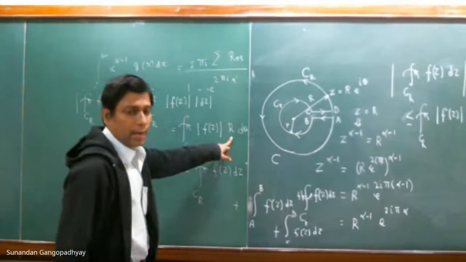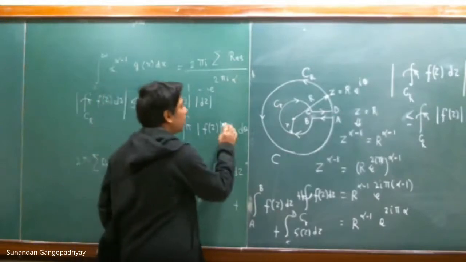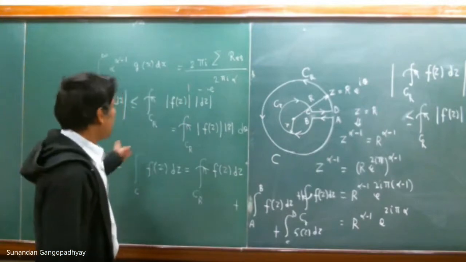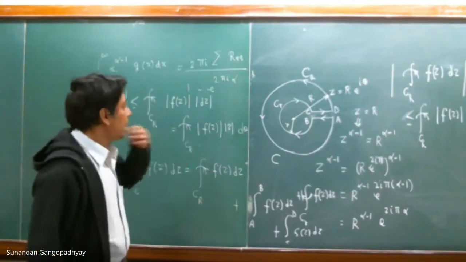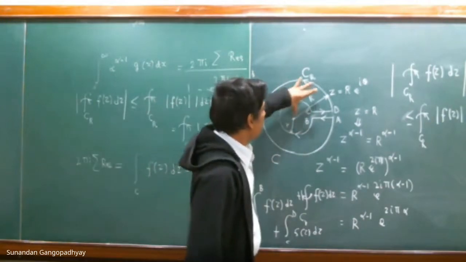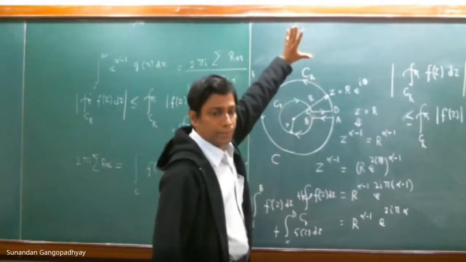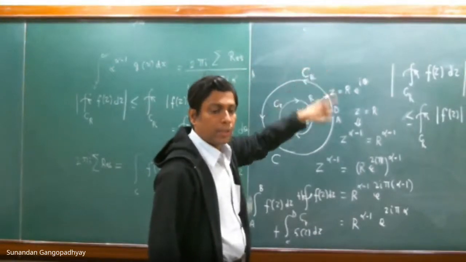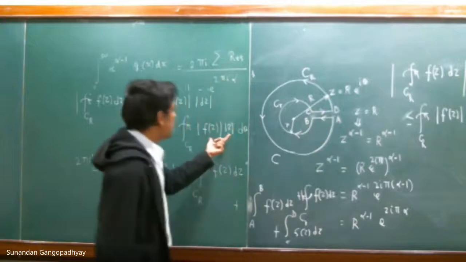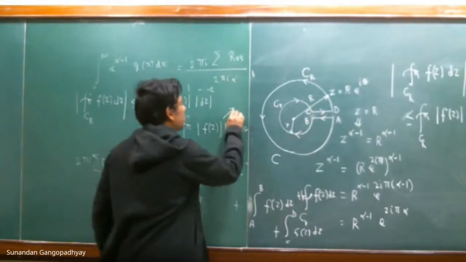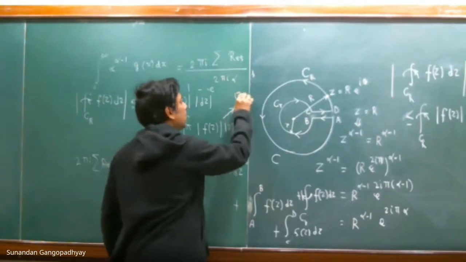But what is capital R? Capital R is nothing but mod z. And you remember the condition that we imposed? What we want to do finally is take this radius capital R to infinity. That is mod z going to infinity. So in the limit mod z going to infinity, z f(z) goes to 0. Therefore this term is 0 in the limit mod z goes to infinity.